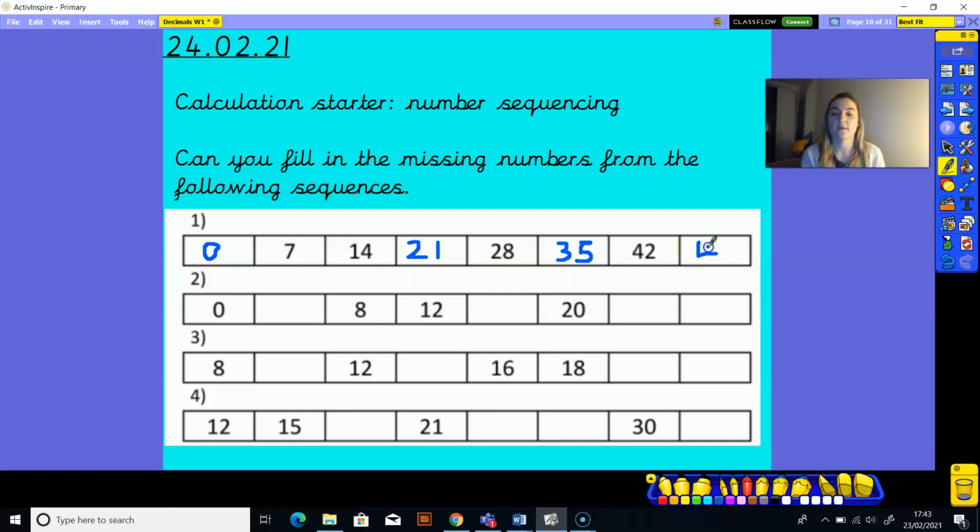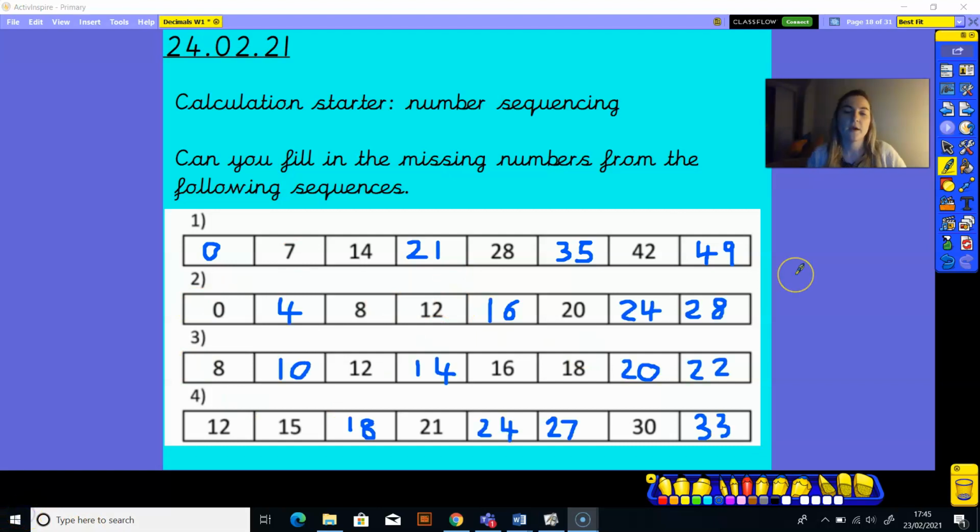And then I've got 7 times 7, which is 49. So I took those two numbers, had a little think about what I know about them already, and I've been able to fill in my sequence, and it is a sequence of the 7 times table. So see if you can have a go with the others, and we'll come back and have a go together.